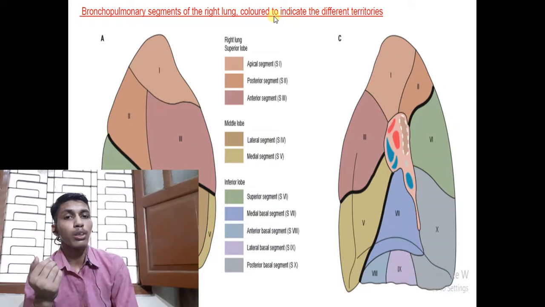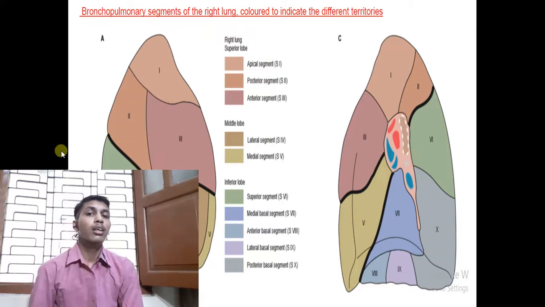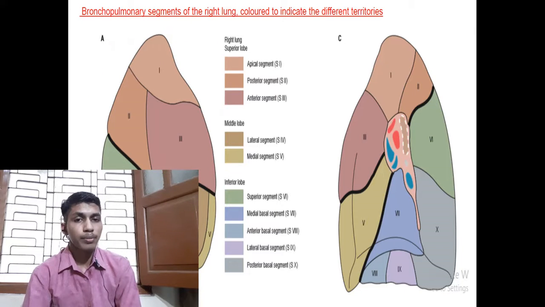Now the bronchopulmonary segments of the right lung. This is the right lung, this is the lateral aspect, and this one is the medial aspect.